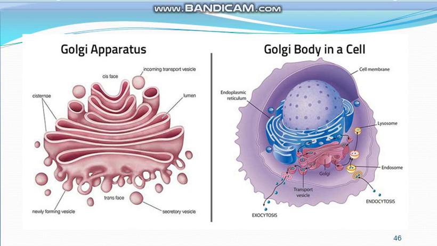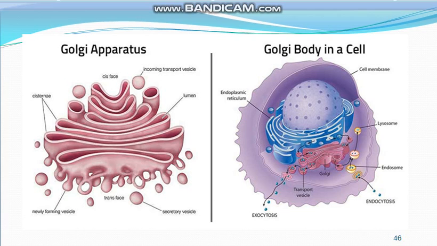degree of vesicle formation, and materials are transferred from the forming phase to the maturing phase, that is the trans phase. So the forming phase is the receiving end of the Golgi complex, and it is located near the endoplasmic reticulum.